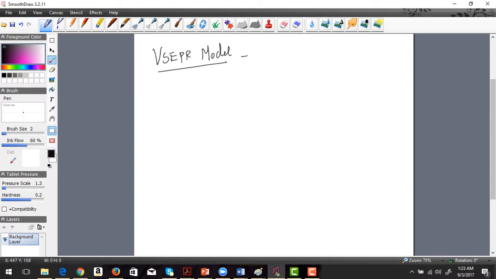Don't worry too much about how long the title of this concept is. This concept has its own deficiencies, which we'll talk about later. But that's what the acronym VSEPR stands for: valence shell electron pair repulsion theory.